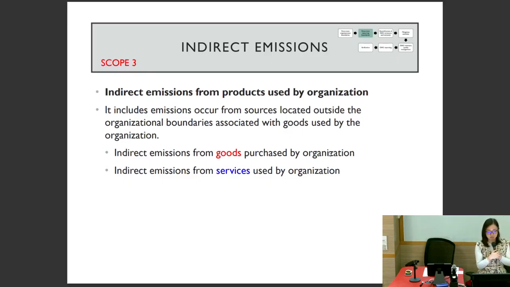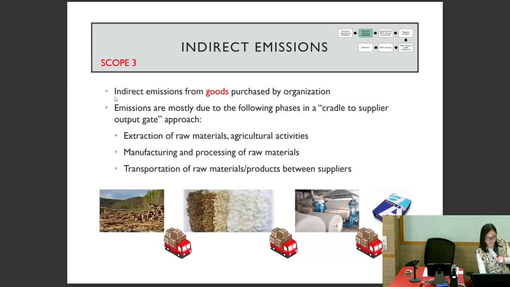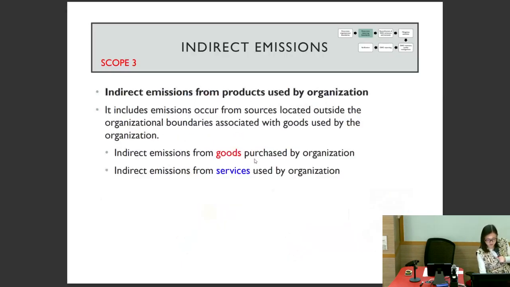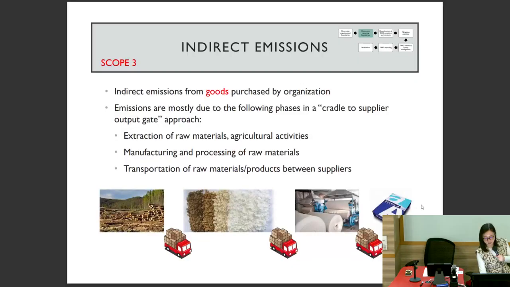And the indirect emissions from services used by the organization, like consumption of water, where you have to process the water, and then the sewage, you also need to process the wastewater before it is drained away. These are also services used by the organization. And also the indirect emissions from goods purchased by the organization, such as A4 paper.